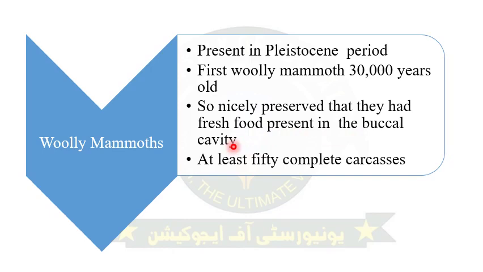So the ice is such a good preserving material that even the food they were ingesting was preserved in their buccal cavity. At the present time, we have at least 50 complete carcasses of the woolly mammoth, preserved in different zoos and museums of the world.